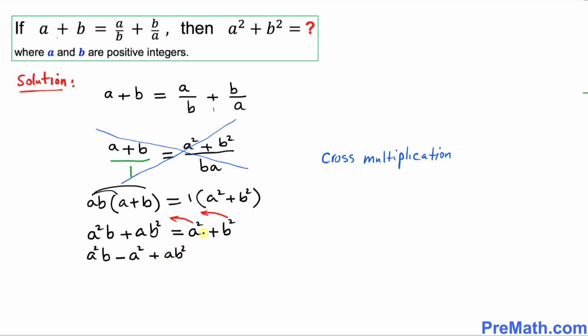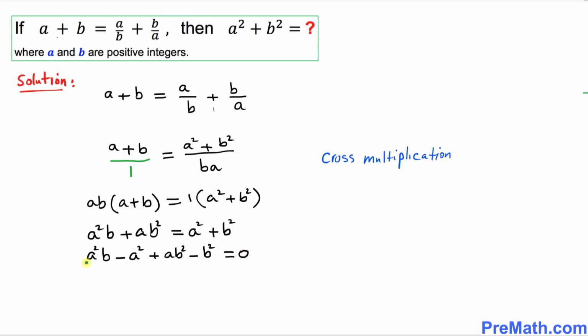And then if I move this b square to the other side, it becomes negative b square. So once again, this a square b is right here and ab square right up here. And these a square, when you move it to this side, becomes negative a square and this becomes negative b square. And simply we ended up with 0 on the right hand side.